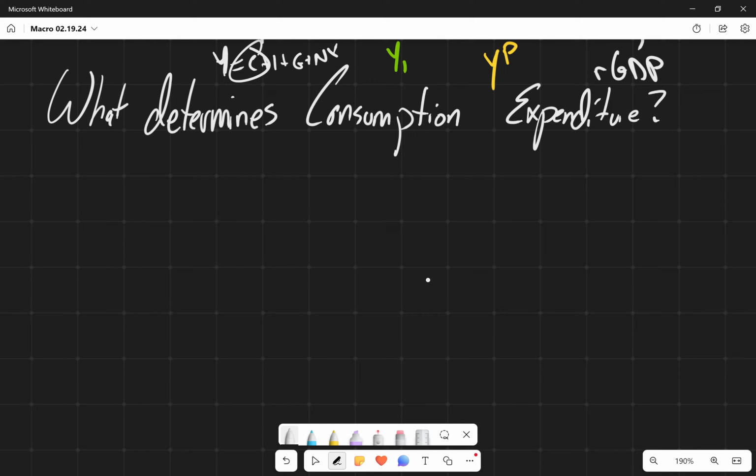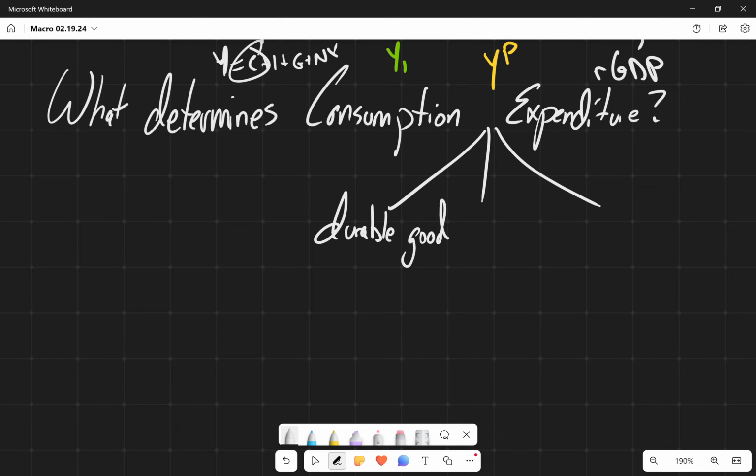We usually split consumption expenditure down into consumption that's on durable goods. So things that are meant to last longer than a year or two, right? Your computer, your bed, dishes, linen, kind of things like that, right? Then we have our non-durable goods.